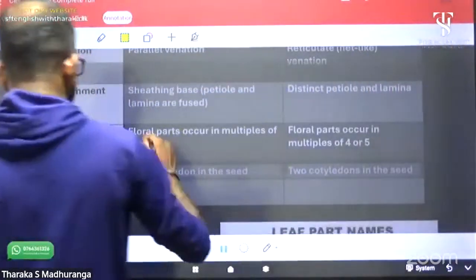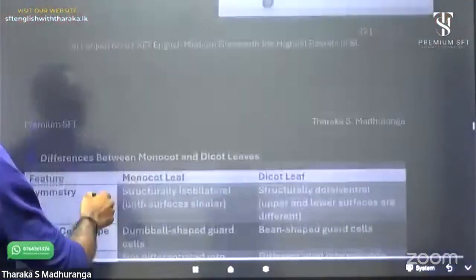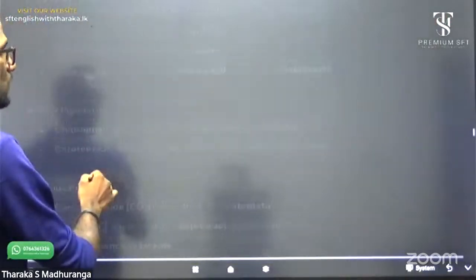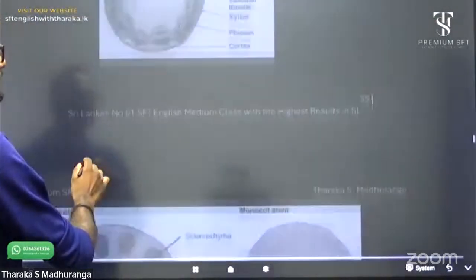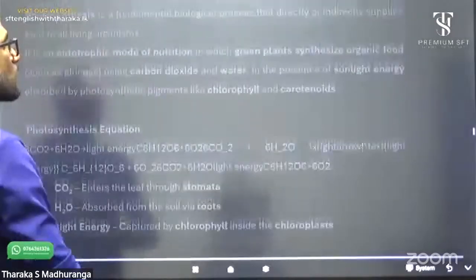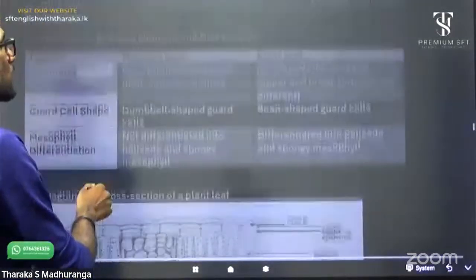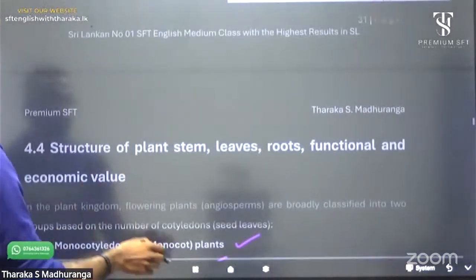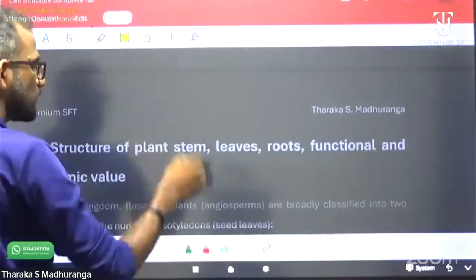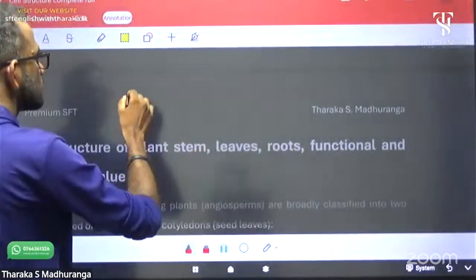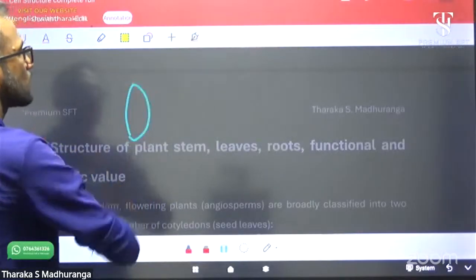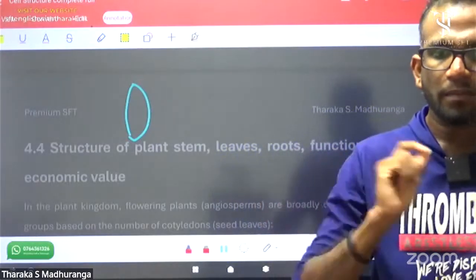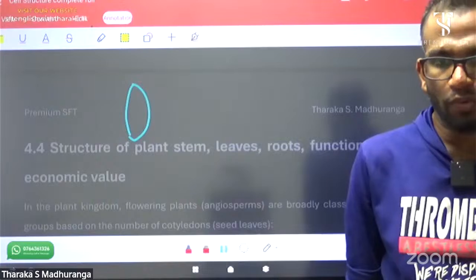One cotyledon means like this, only one peel in the seed. Like rice, the rice seed is a monocotyledon, monocot, right?